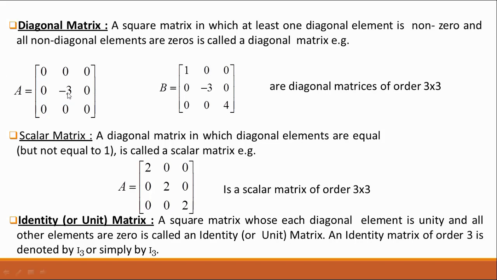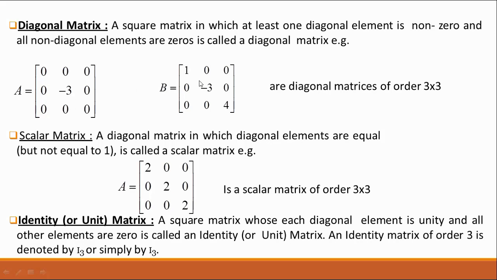Simply, if at least one element on the diagonal line is non-zero, then the matrix will be a diagonal matrix. For example, in this matrix, you see -3 is a non-zero element on the diagonal line. So this matrix is called a diagonal matrix.